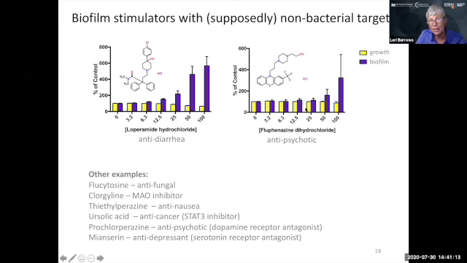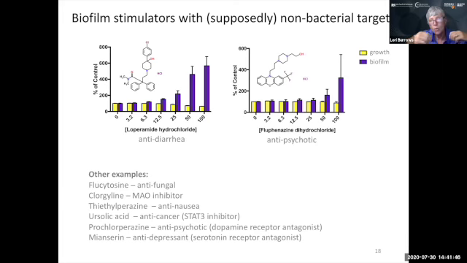So we're not killing the bacteria with these drugs, probably because we're not at a high enough concentration, but they definitely are sensing and responding to those drugs. There are several other examples I've listed at the bottom here, but we have a collection of compounds at McMaster that we screen frequently, and this is approximately 4,000 FDA approved but off-patent drugs that are meant for doing repurposing screens. And so that's where these came from.